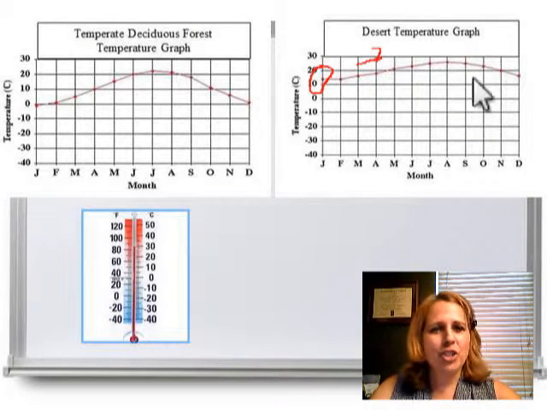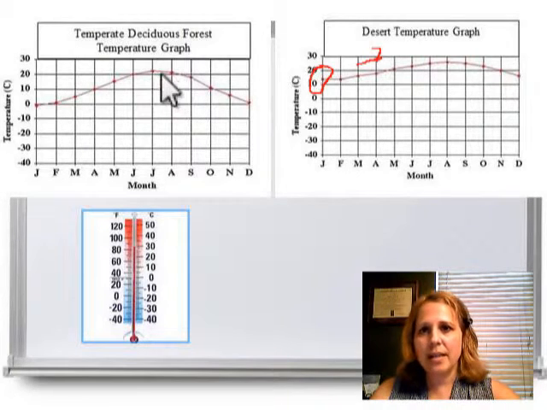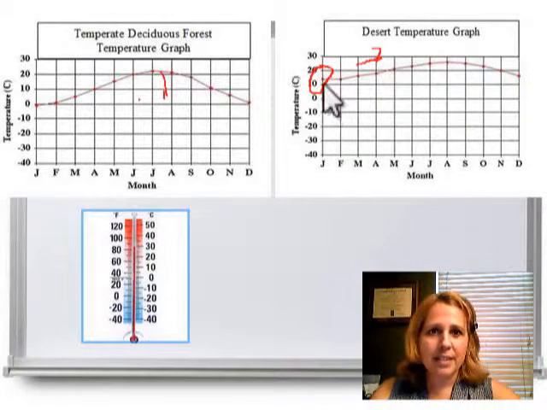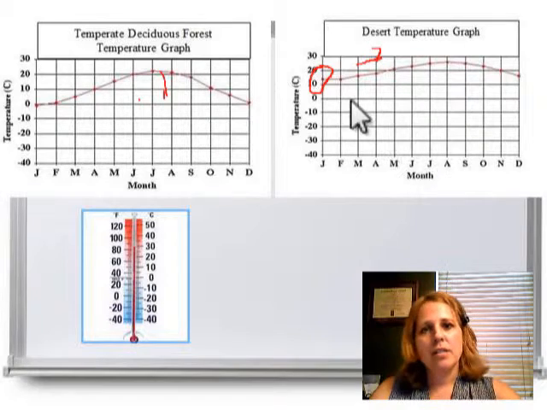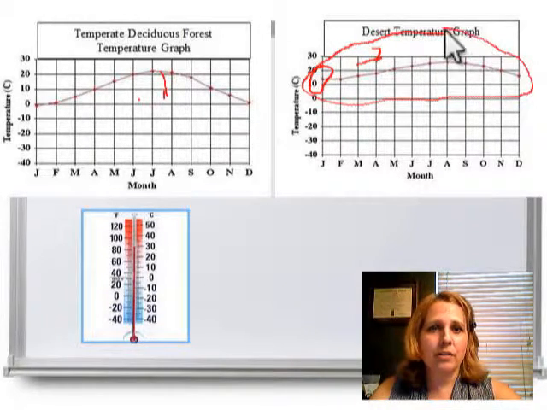But you can see it's generally within 10, 20 degrees difference. This one has a much larger difference between winter, 0 degrees, and summer, about 20 degrees. This one only ranges from about 12 degrees Celsius to 22. So you can see that this is pretty much warm all year long.